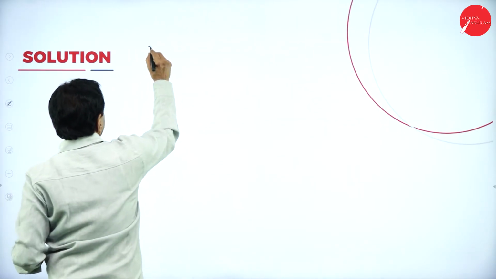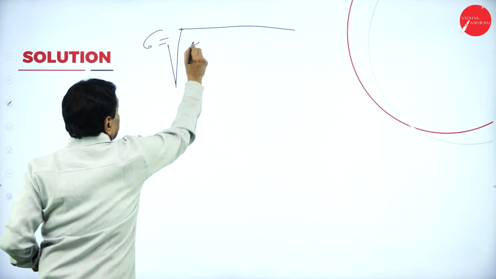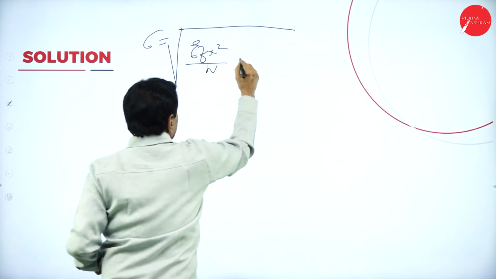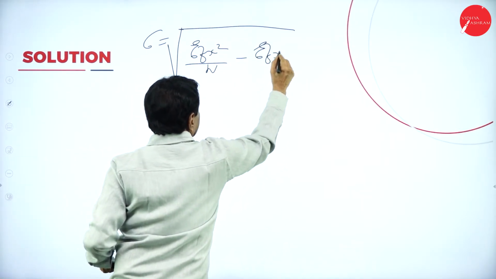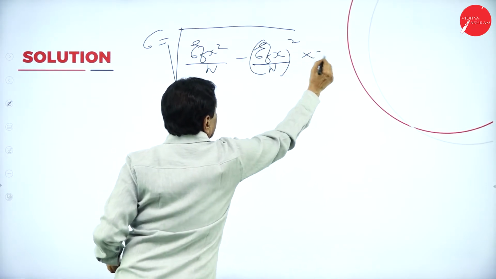What does your formula say? Standard deviation is equal to root of sigma fx square divided by n minus sigma fx divided by n whole square, into c.